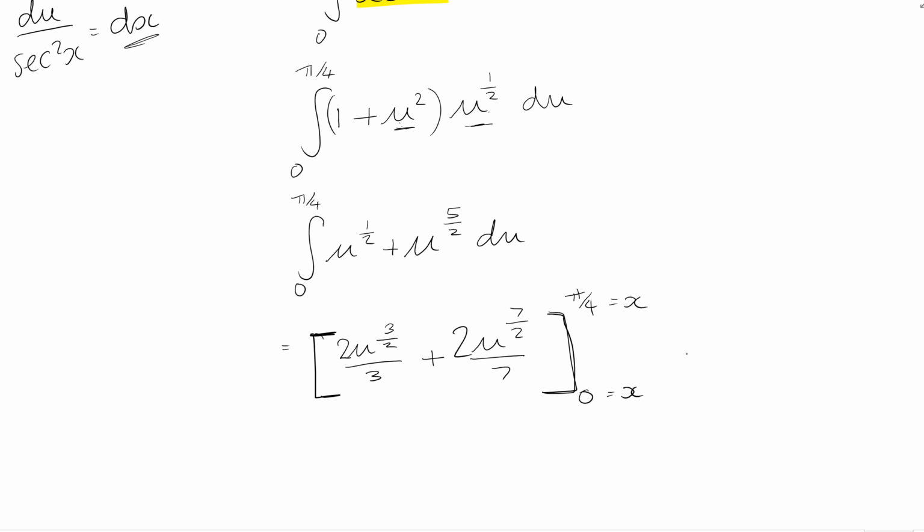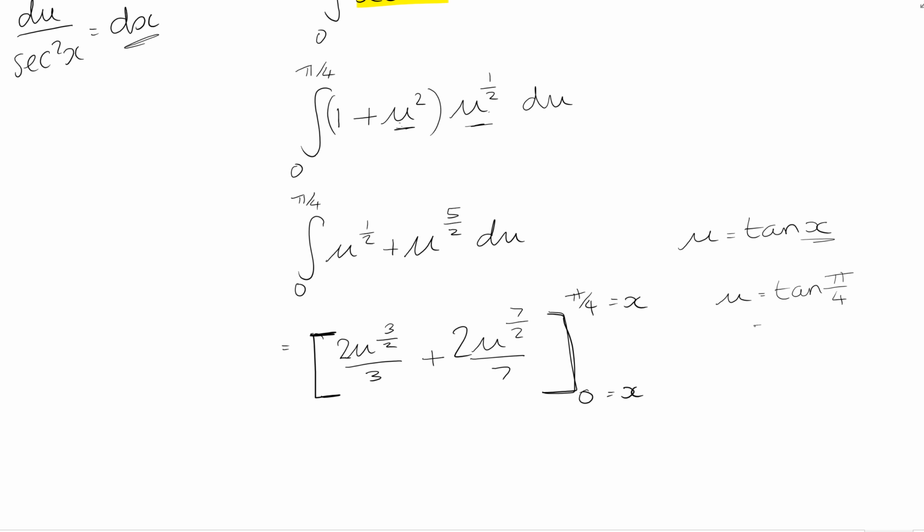So at this point, instead of substituting tan back in, I'm actually going to change my limits. Okay, so we know that u equals tan of x. So if x is pi by 4, then u is going to be tan of pi by 4.